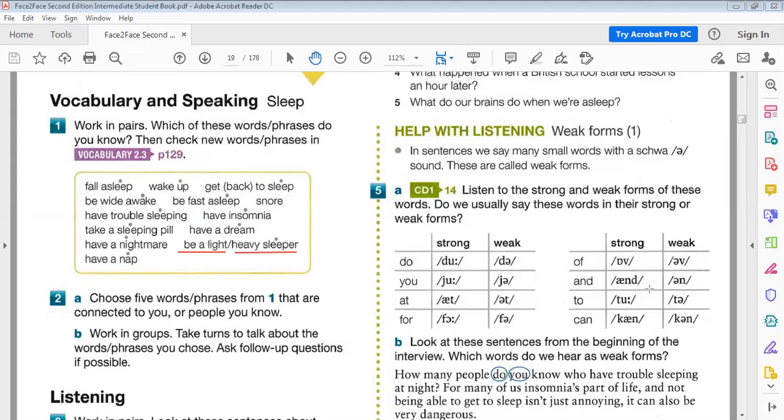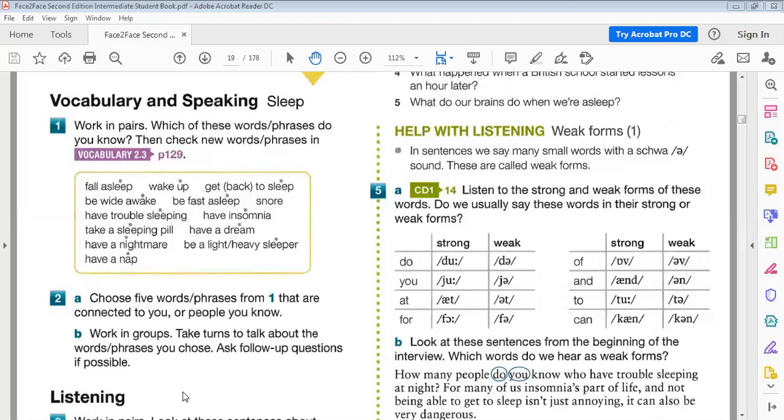Yes, okay. I'm a light sleeper, and I have a lot of dreams. And what about getting back to sleep?